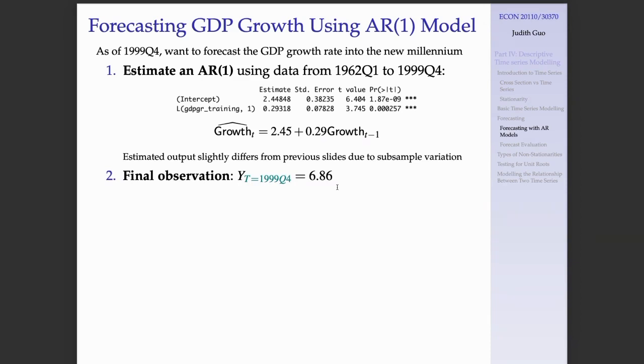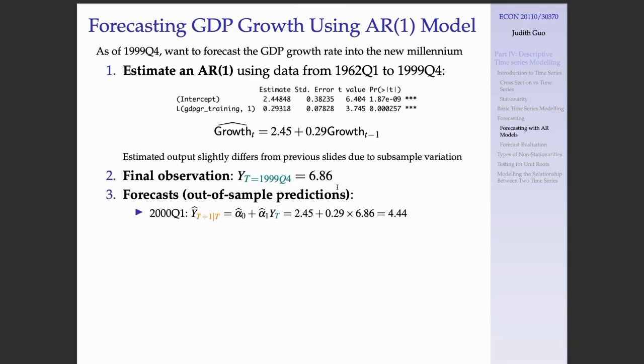Then, to compute the feasible one-step ahead forecast, you just plug in the estimated value of alpha naught, 2.45, and the estimated value of alpha 1, 0.29, multiplied by the last observation in the sample, 6.86. That gives you the feasible one-step ahead forecast.